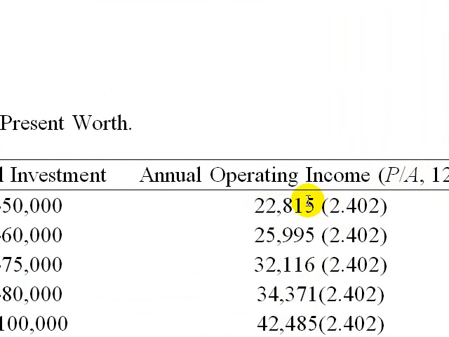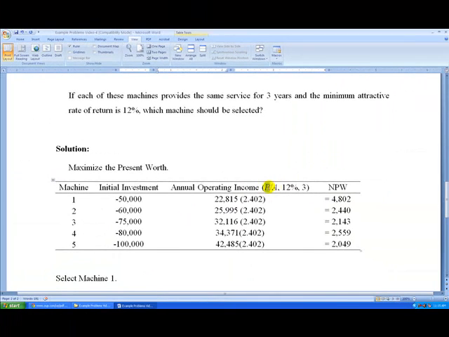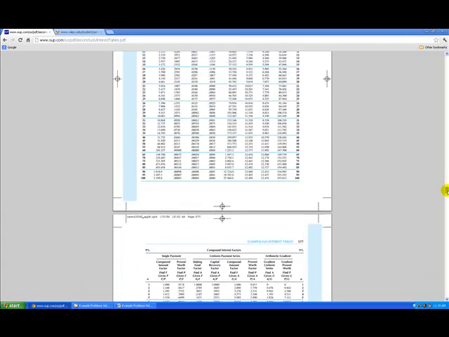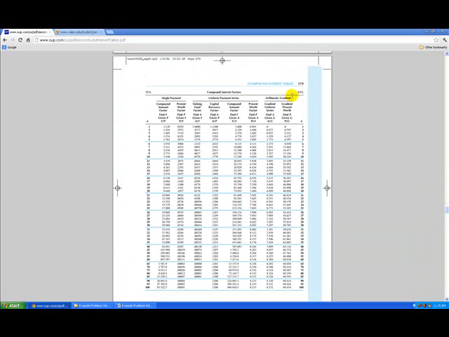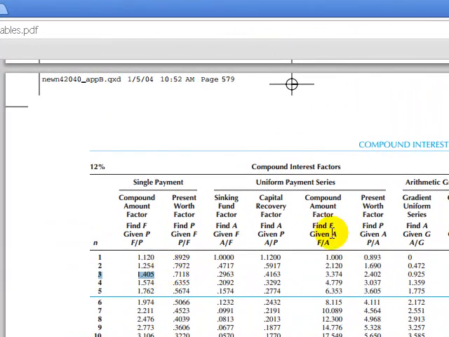Since they are A values and we need to calculate the present worth of that annual cash flow, we can use the factor P given A, with interest rate 12% and N of 3. We go back to the table, look for the 12% interest rate table, which is right here, N is 3, and we are interested in P given A. That would be 2.402.